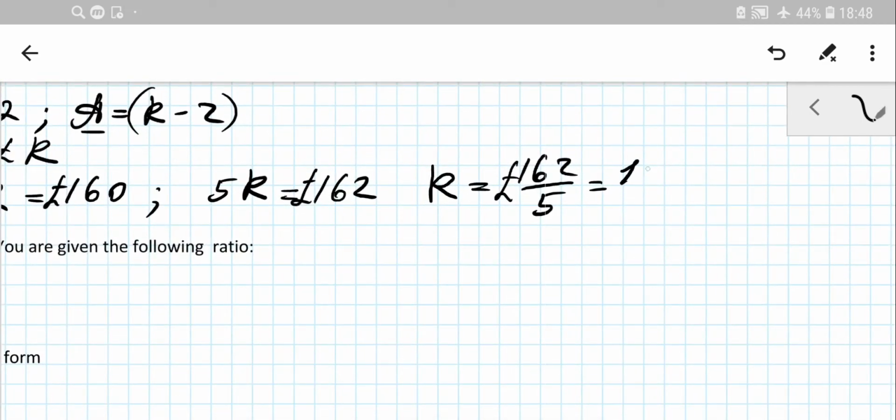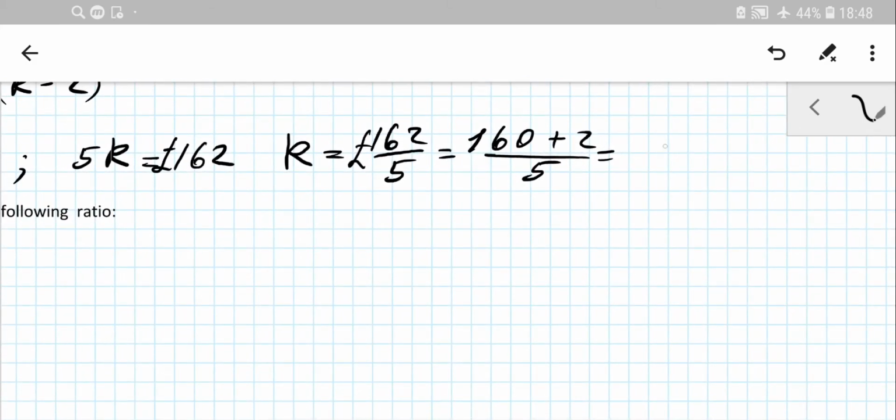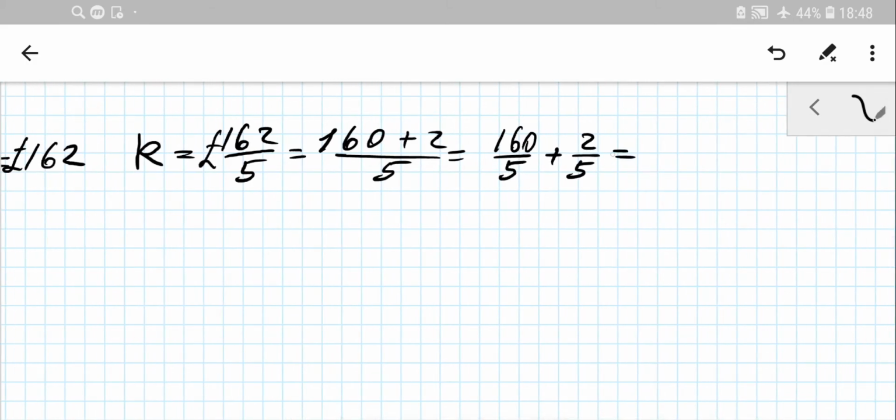So you can simplify as 160 plus 2 over 5 and partially divide 160 by 5, and 2 over 5 in the end. So for the first one, it's the same as 160 divided by 10, but then you multiply by 2.